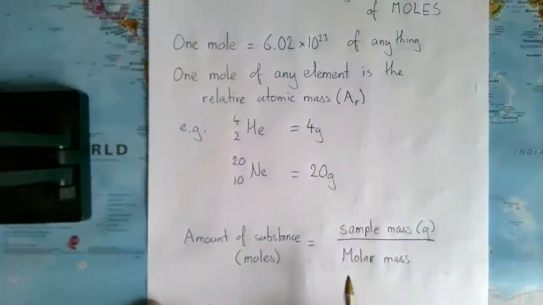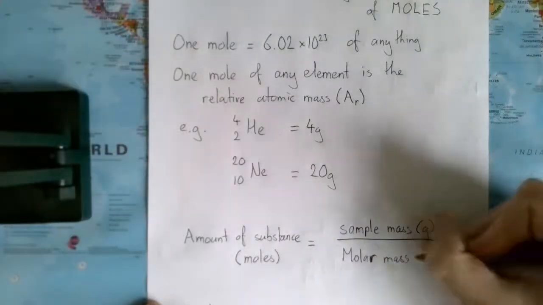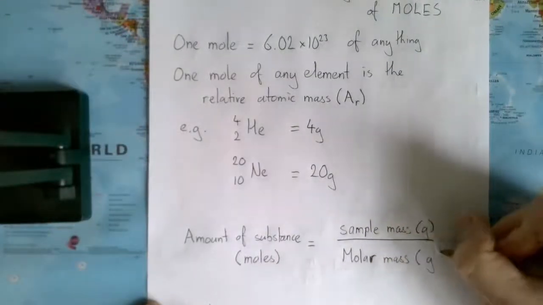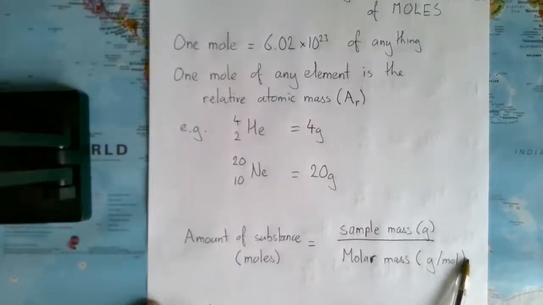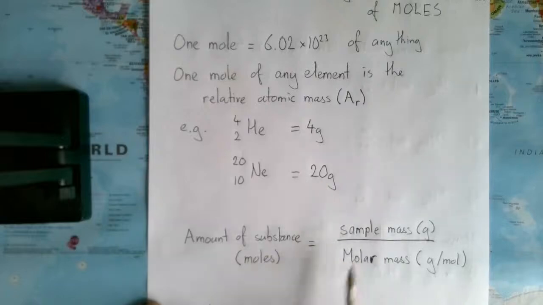That simply means the mass of 1 mole. Yes, that's an R. And this is grams per mole, as in it's the amount of grams in 1 mole. So up here, that would simply be the molar mass of neon is 20 grams per 1 mole.